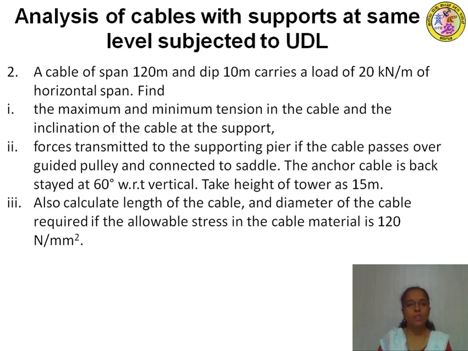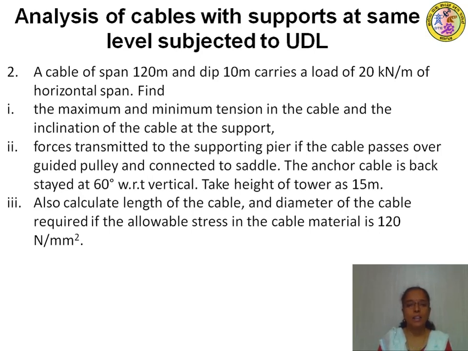Find the forces transmitted to the supporting pier if the cable passes over a guided pulley and if it is connected to a saddle. There are two cases here: one case is if the cable is passing over a pulley, and the second case is if it is connected to a saddle. The anchor cable is backstayed at 60 degrees with respect to horizontal. Take height of the tower as 15 meter.